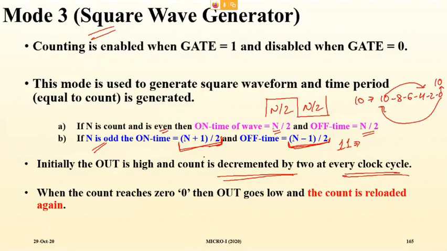So 6 counts will be high. 11 minus 1 by 2, 10 by 2, 5 counts, it will be low. This will be high for 6 clocks, and low for 5. And you can see it is 11.